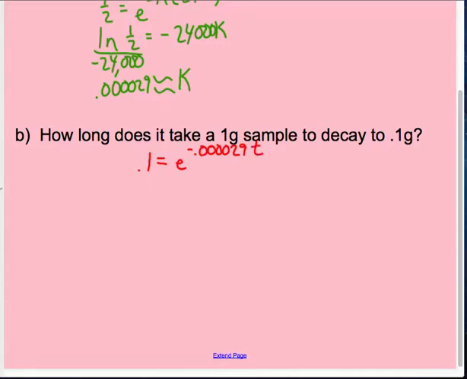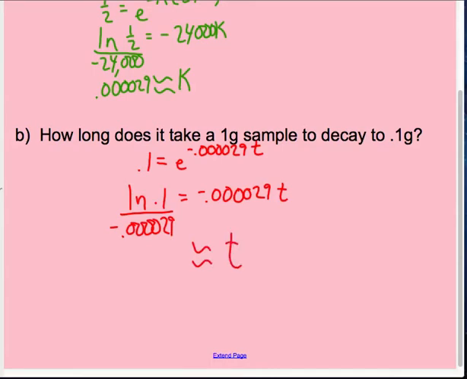So again, to cancel that e, I'm going to take the natural log of both sides. And then to solve for t, we'll divide both sides by our decay constant. And in this case, our answer is 79,726.27 years.